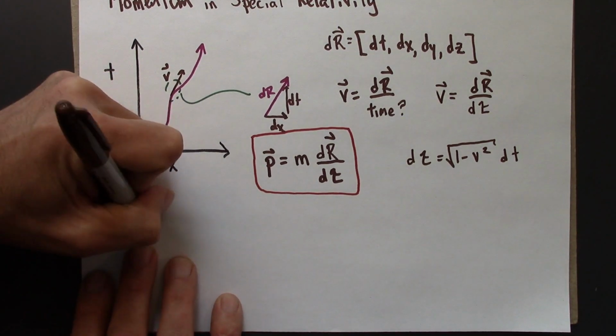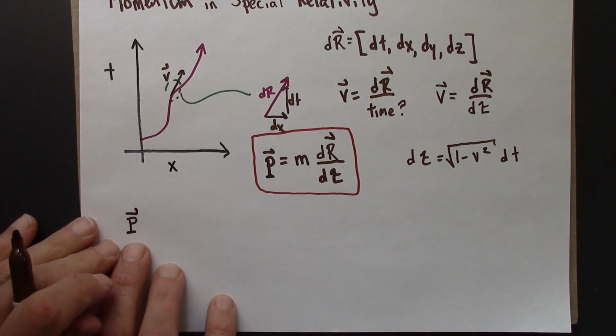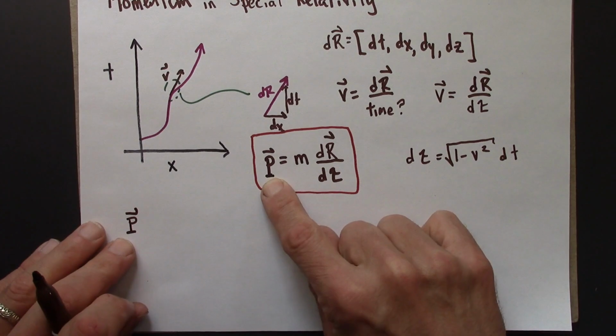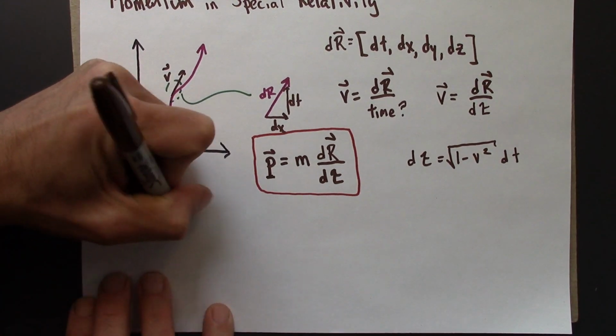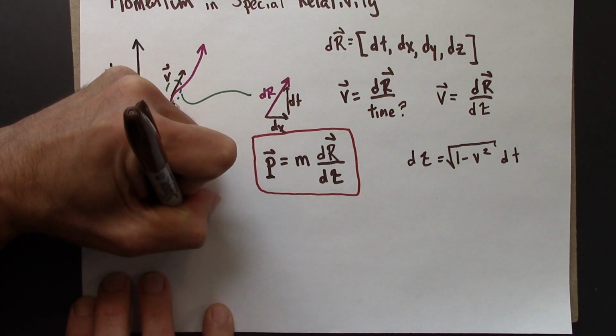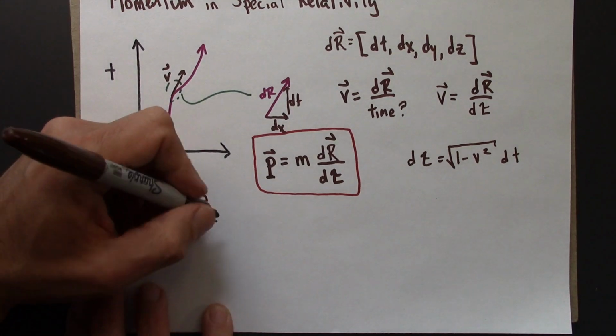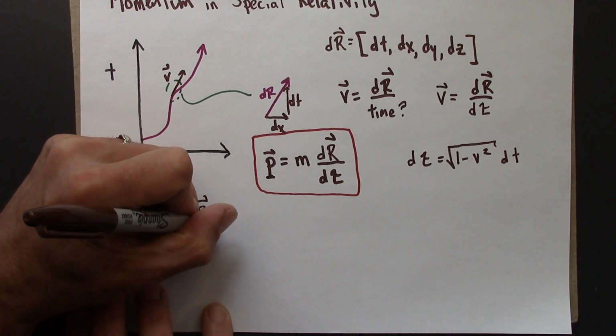So P, and this is often a capital P, so I just put a little foot there so it looks bigger, like it's a capital P, is going to be m, the displacement, the 4 displacement in 4-dimensional space, divided by this.